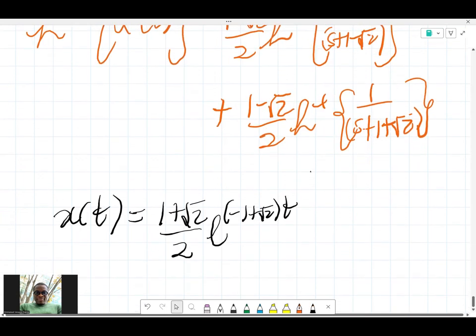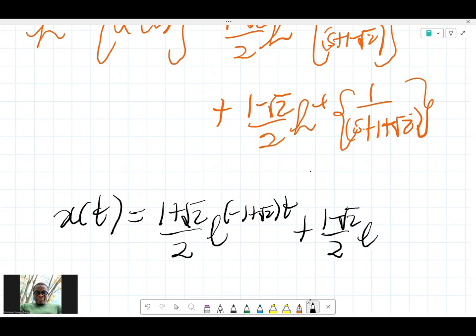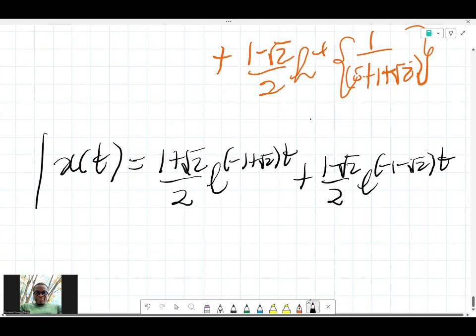On the other hand, we have plus 1 minus root 2 all over 2, then e raised to the power, plus becomes minus, minus 1 minus root 2 t. So that is our x.